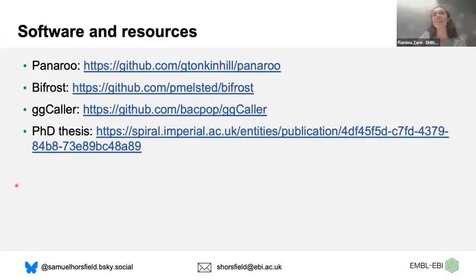Yeah, thank you. Next one is on monomorphic organisms such as Mycobacterium. Will you advise using alignment-free graphs for this kind of organism? I think so. They're super undiverse, something like Mycobacterium tuberculosis.